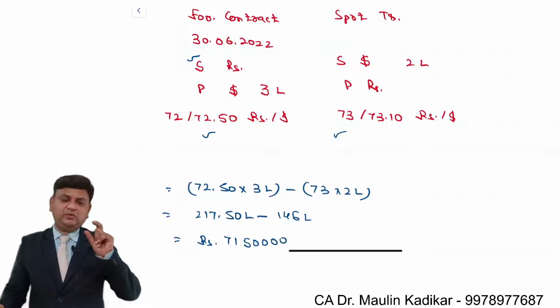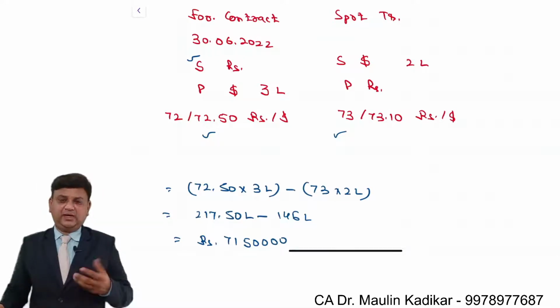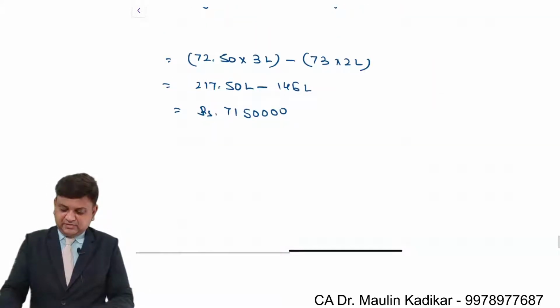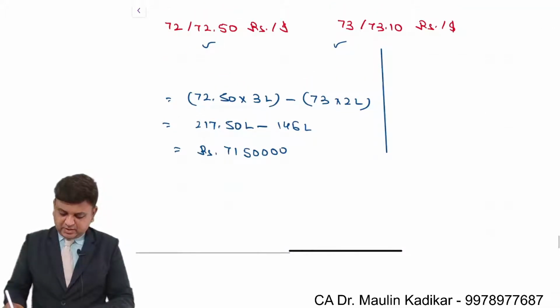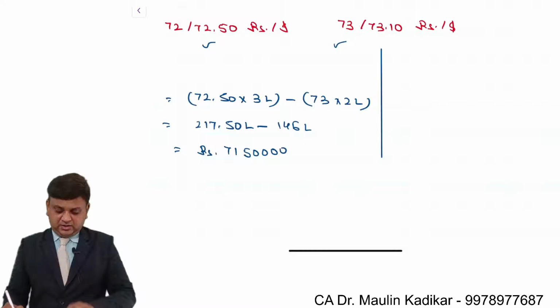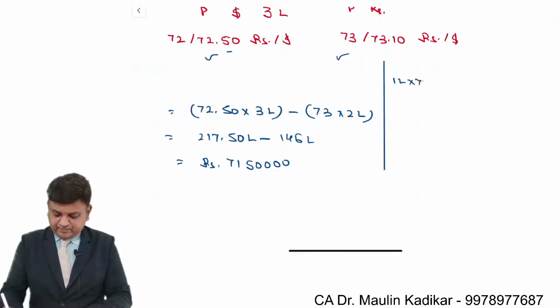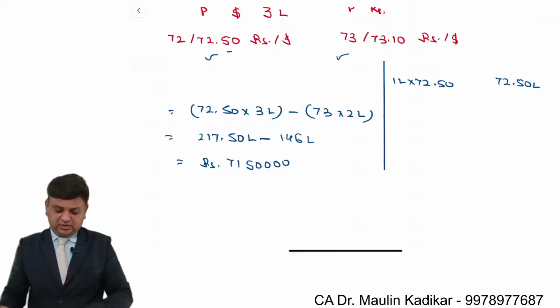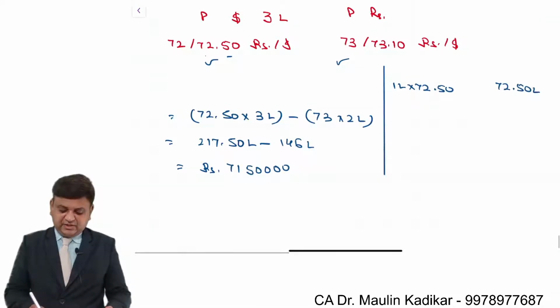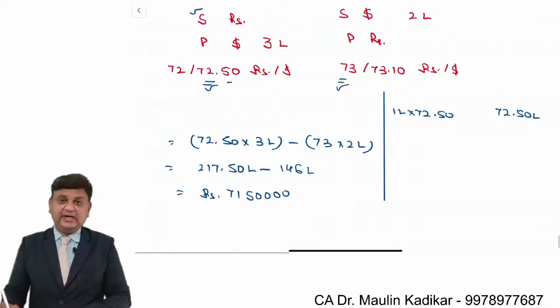Now giving you one more small explanation. I think that you must have observed it, but still on my end I am giving you an explanation. See what happens that you are purchasing $1 lakh at 72.5. And for the $2 lakhs you purchase at 72.5 and you sell at 73.